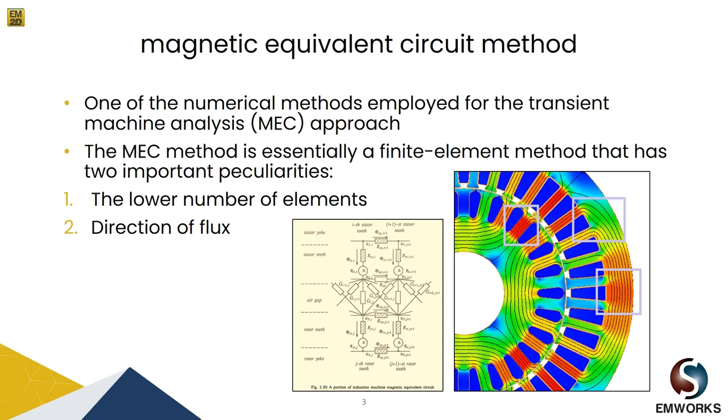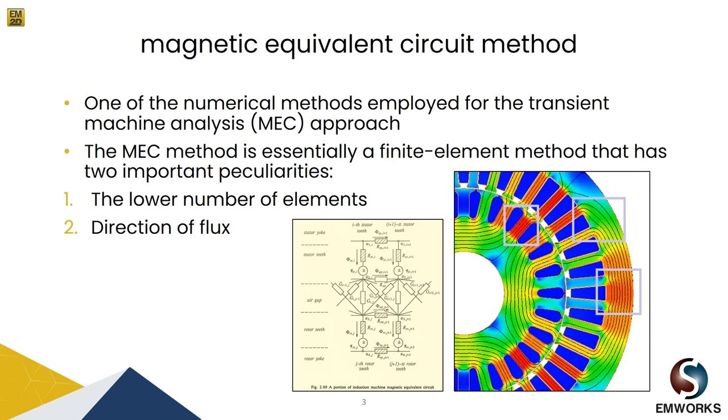In the finite element method, we discretize the solution region using mesh elements, right? And then we solve the field equations on the solution mesh and calculate the magnetic vector potential, right?